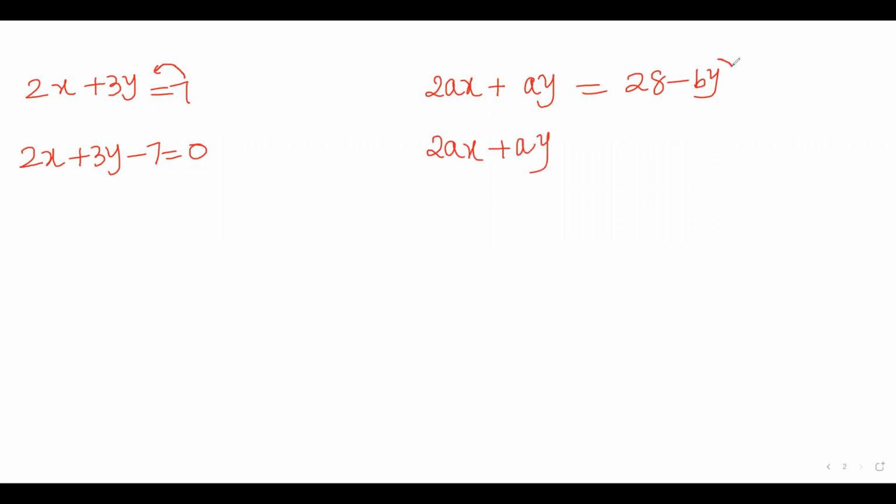First, I would like to transpose this y term. Minus by will become plus by. Then I would be transposing 28. It will become minus 28 is equal to 0.